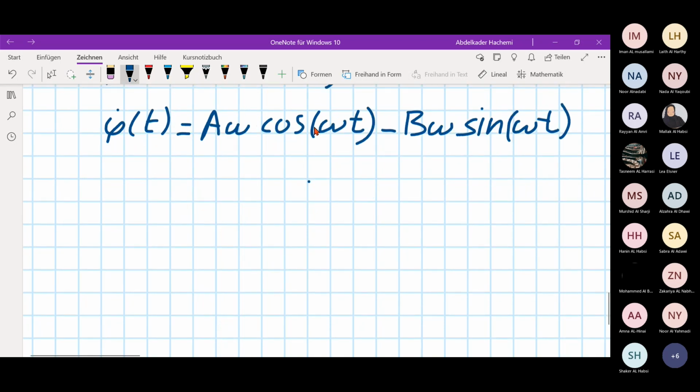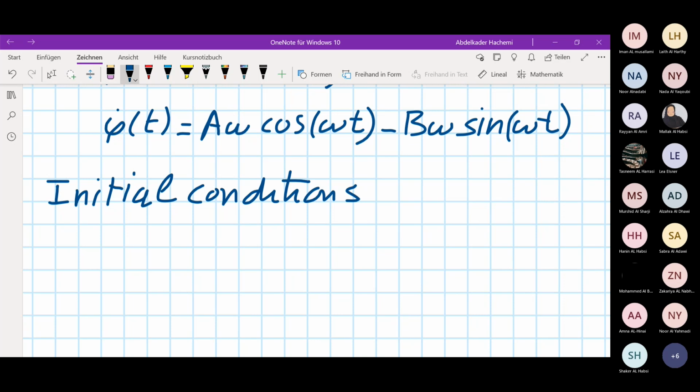Now, if we look at the initial condition, what we know is that phi at time t equal to 0 is equal to 0.